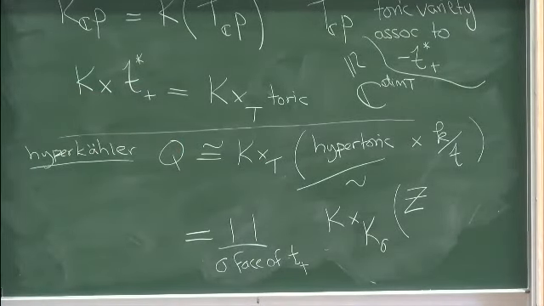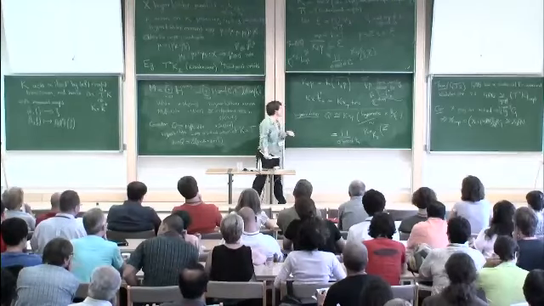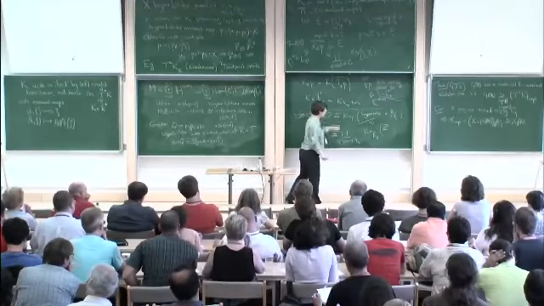You just go from S1 to H star rather than going from S1 to C star, and similarly for a torus.